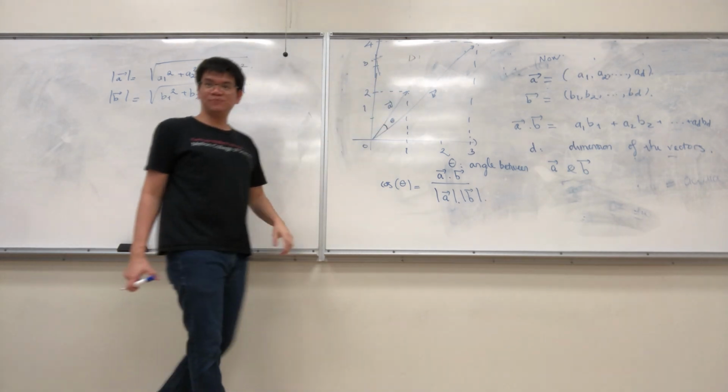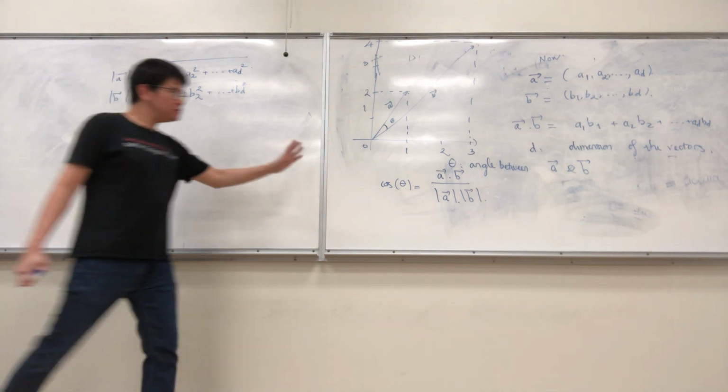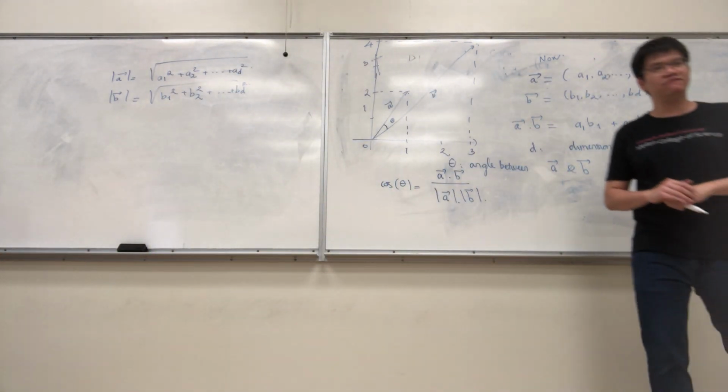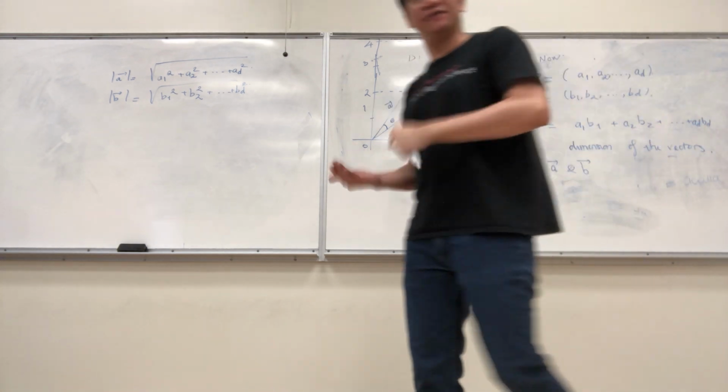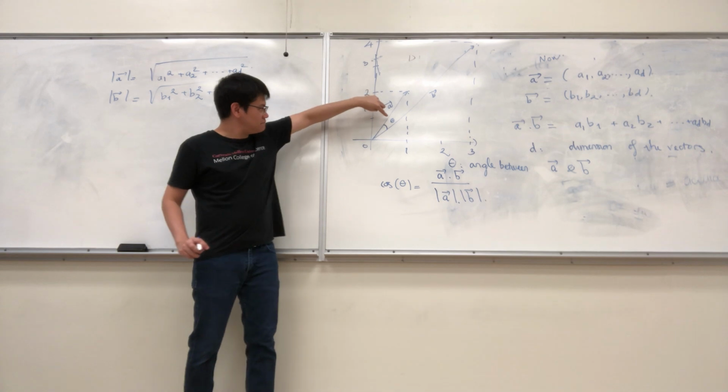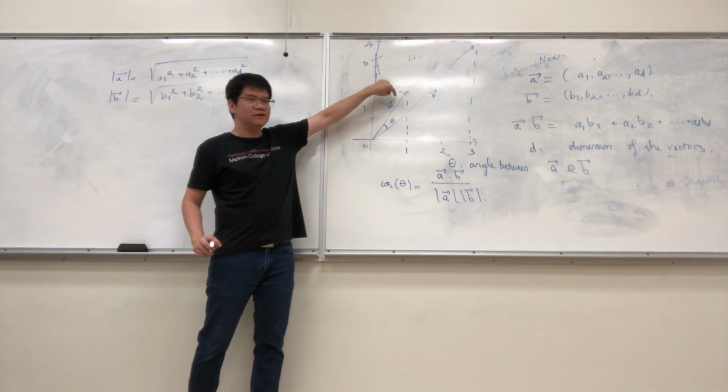All right? So I explain again. After you understand the dot product of 2 vectors, which is simply multiplying all of the coordinates and taking the sum, the next concept will be the angle between the 2 vectors.